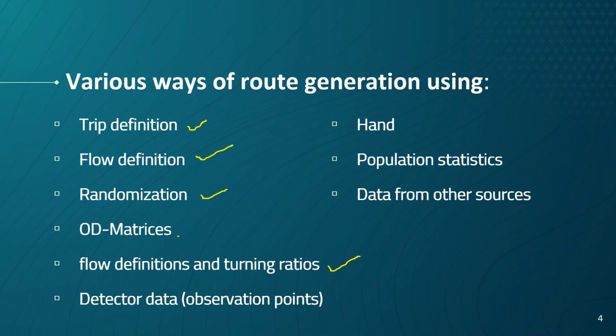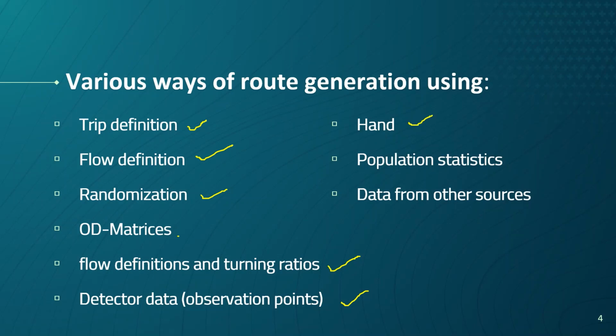We can use detector data or observation points. Induction loops and similar devices are commonly used by authorities to measure traffic. Using the DFROUTER program, you may use this data to generate demand. You can, of course, generate route XML files by hand.